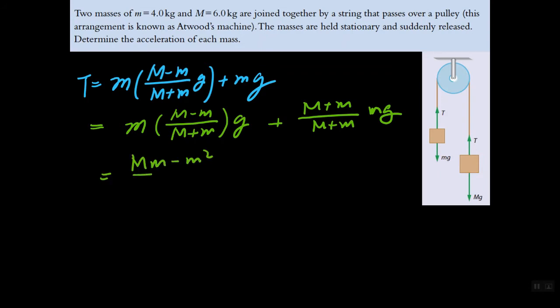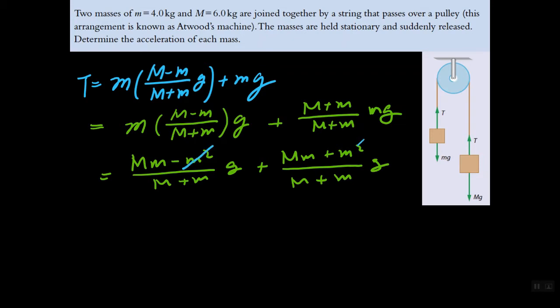Let us distribute: Mm minus m squared over M plus m times g, plus we do the same, Mm plus m squared over M plus m times g. In this case, the denominators are the same and the m squared terms cancel out.